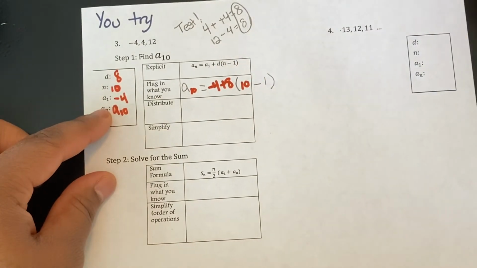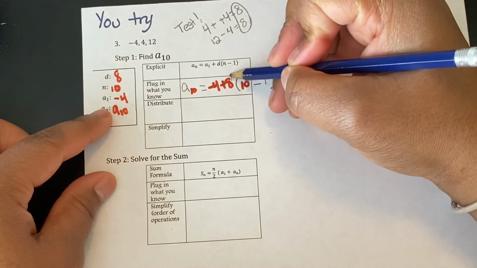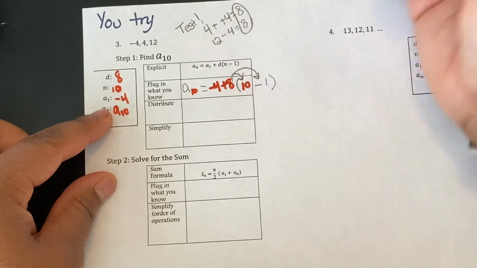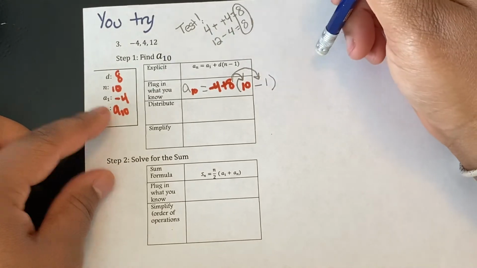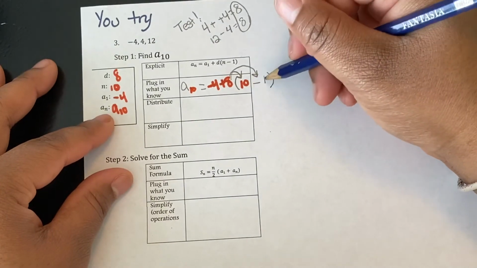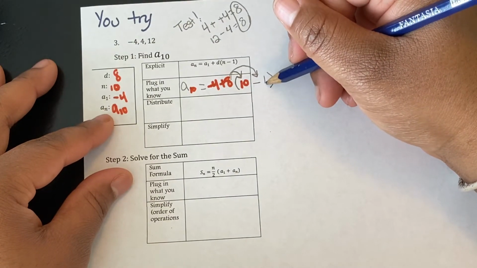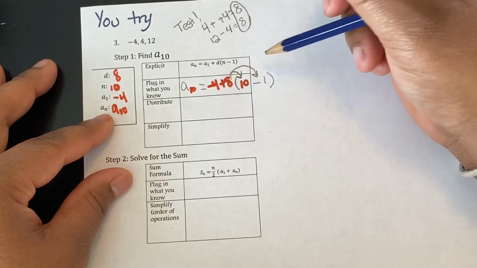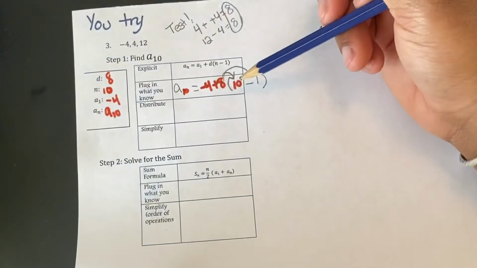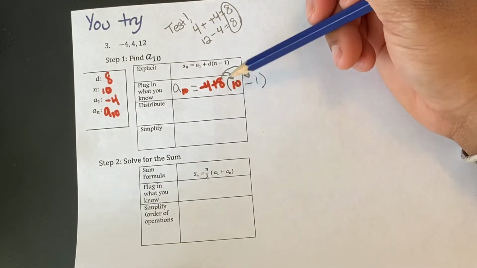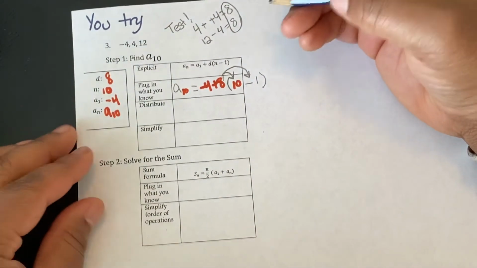Now I'm going to distribute this 8 to this 10 and this 1. For clarification, you could always just do 10 minus 1 and get 9, and then multiply it times 8. But for the sake of what we did last week and keeping the same pattern, let's just distribute.